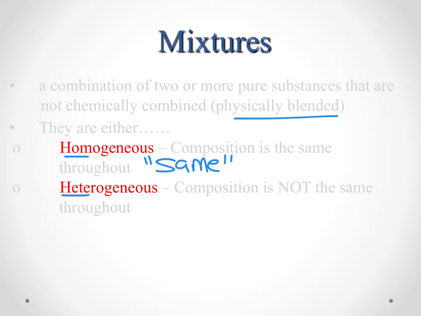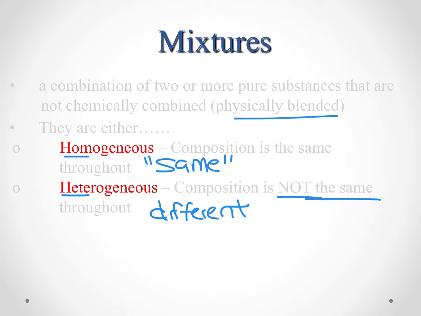We wouldn't be able to see where the pieces of raisin were anymore, where the pieces of peanut were anymore. Okay, so heterogeneous, prefix hetero means different. Our trail mix would be a heterogeneous mixture. The composition is not the same throughout. You can find the peanuts versus the raisins versus the other parts of your trail mix.